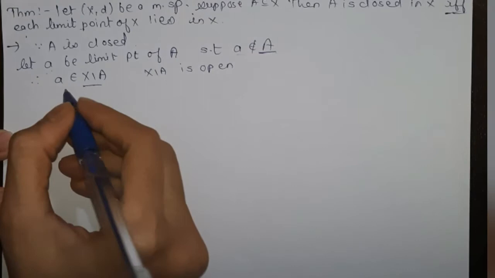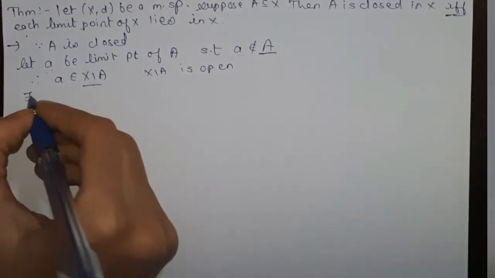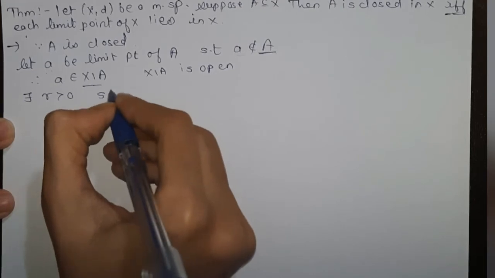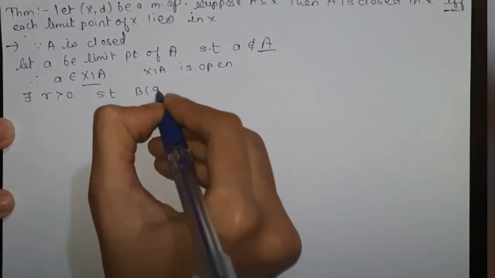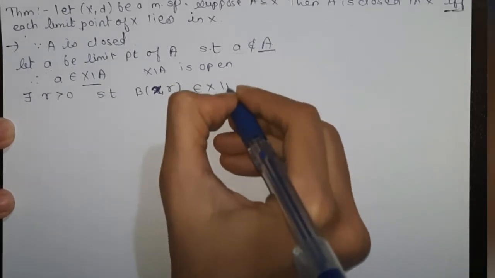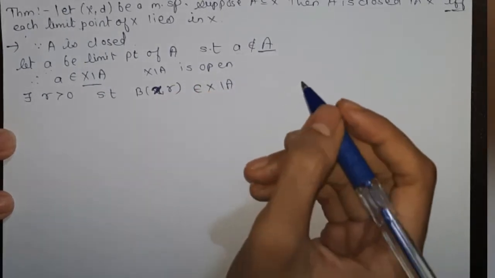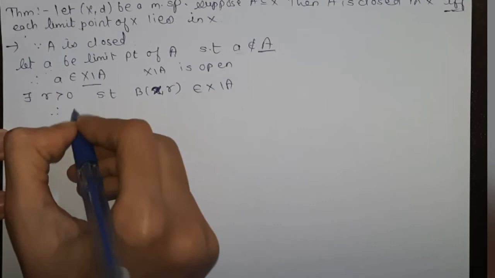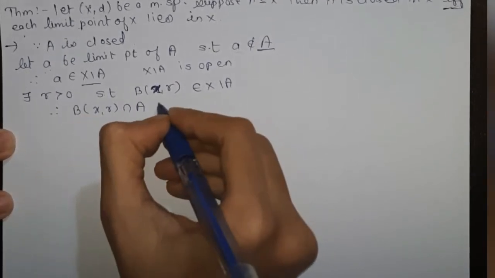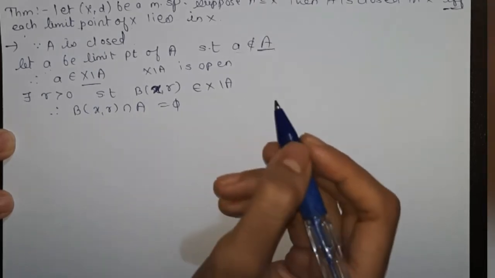Now here we apply the definition. There exists r greater than 0 such that B(a, r) is contained in X minus A. Therefore B(a, r) intersection A is equal to empty.